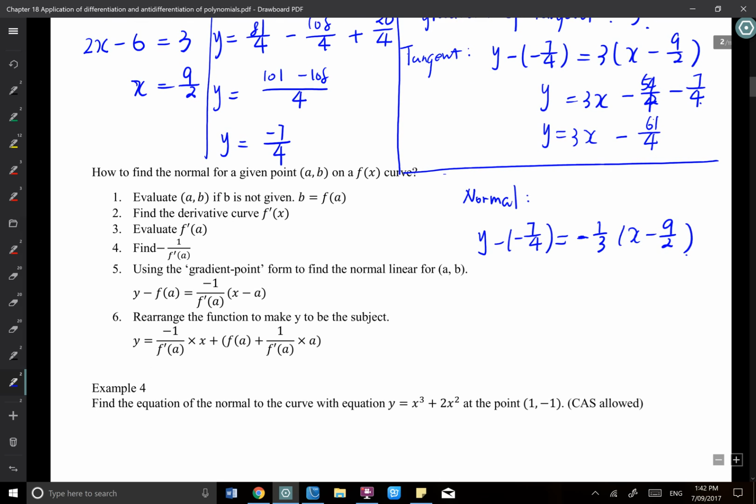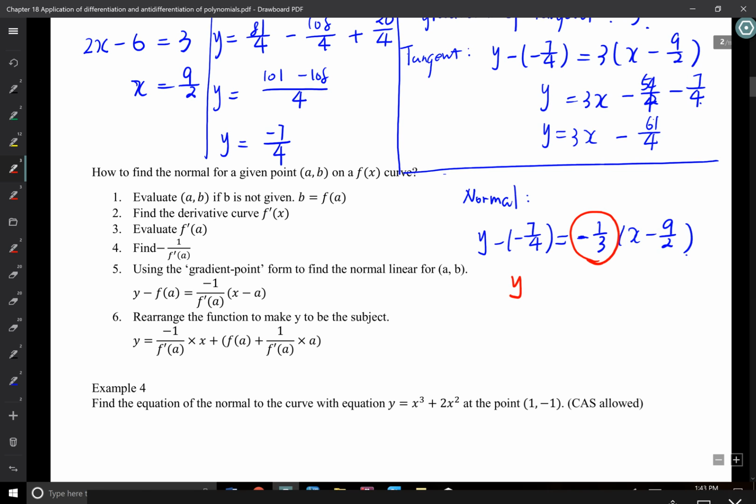That's the normal. The only thing I have changed is the gradient. The gradient of the normal is the perpendicular one. If the tangent is 3, then the normal must be -1/3, the negative reciprocal. But it passes through the same point, so I can still use the same formula, y minus y1 equals gradient times x minus x1.